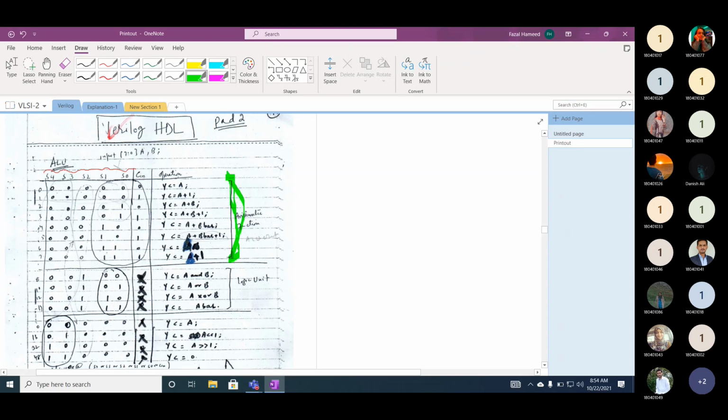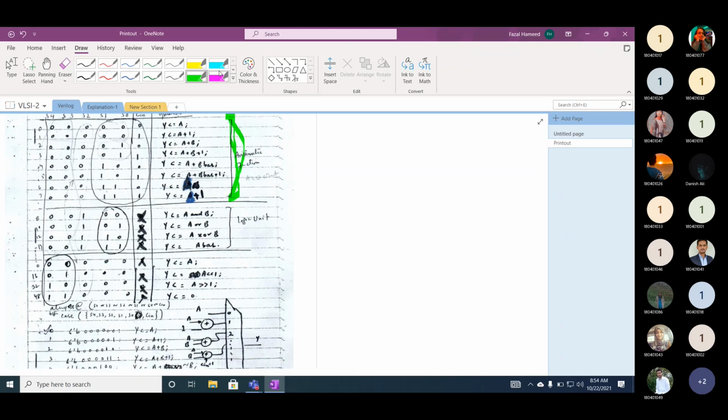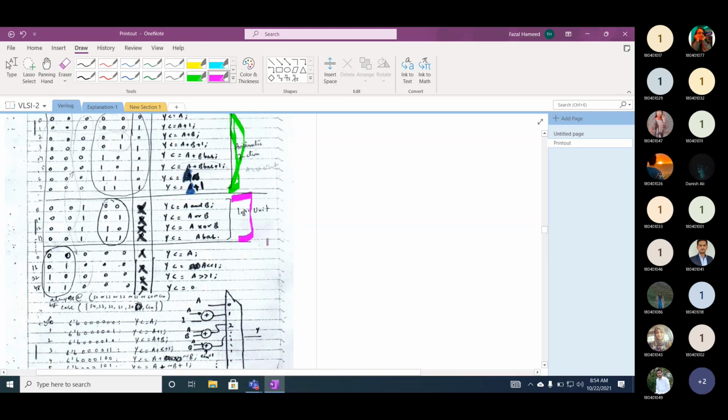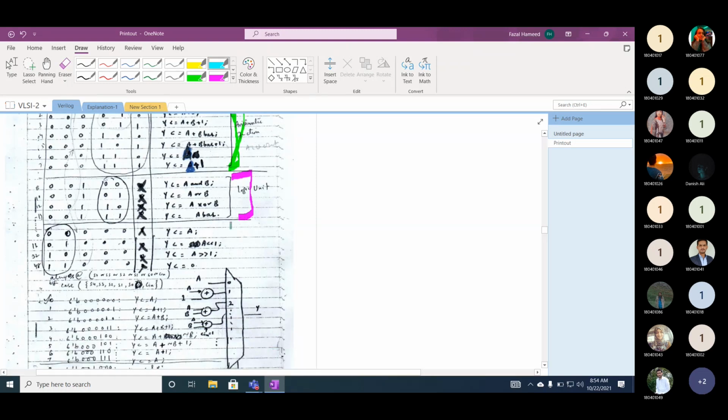The first class represents arithmetic operation. The second class of operation is logical: a and b, a or b, a exclusive or b, and exclusive nor b. And the third class is shift operation.